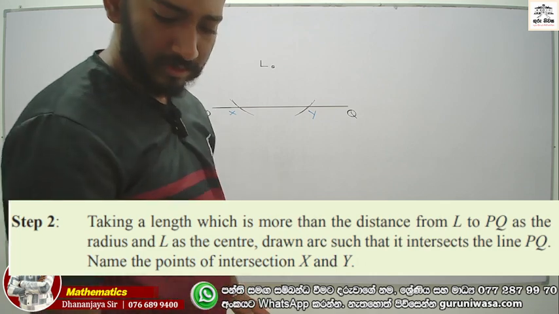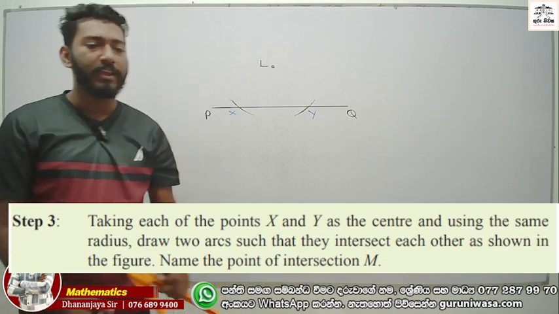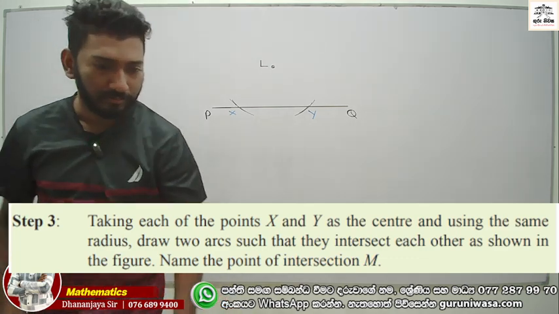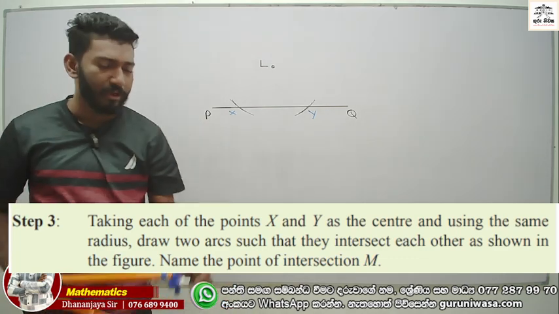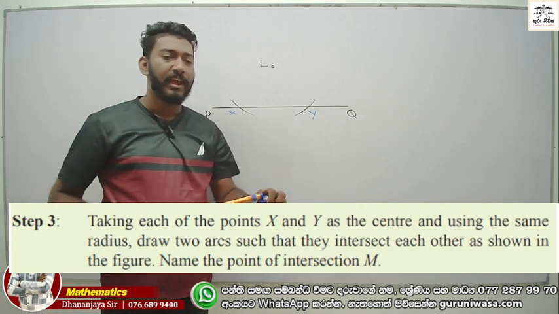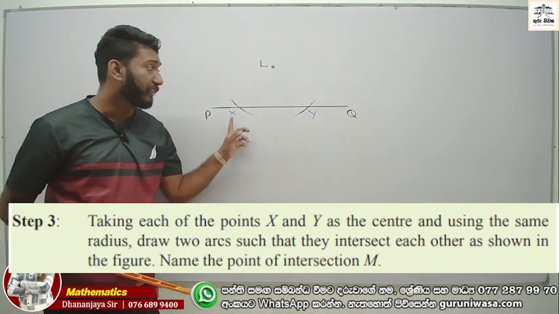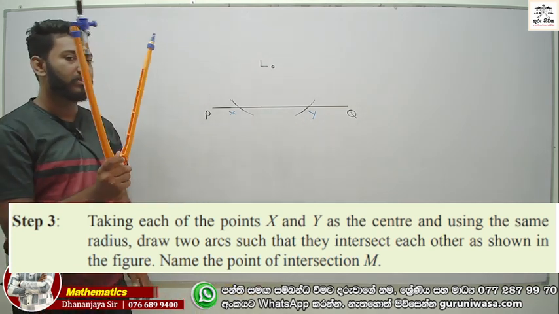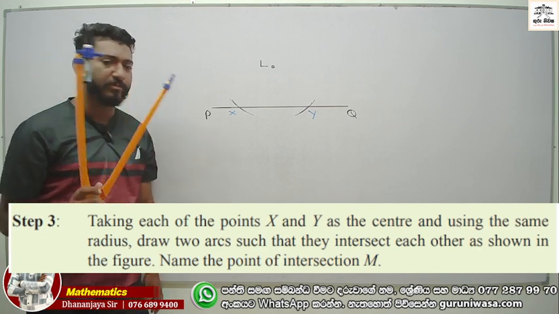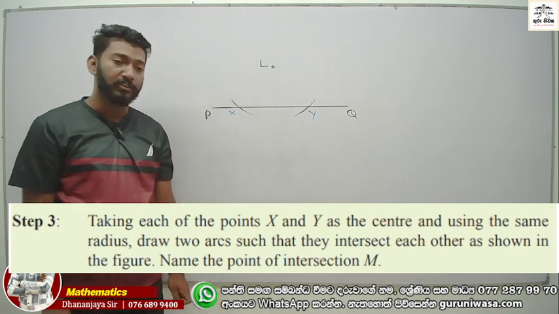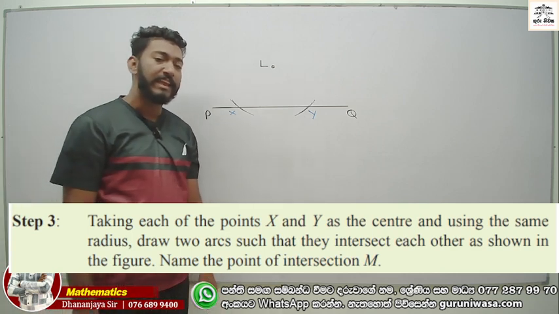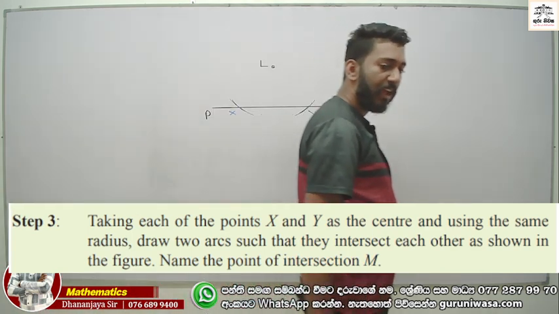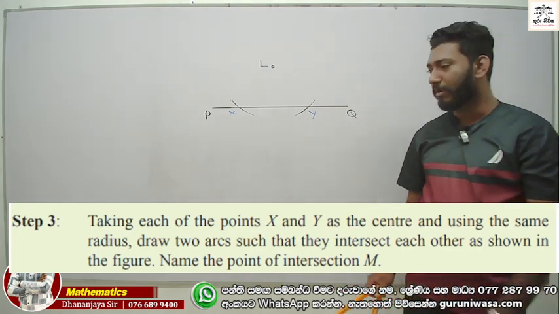Okay. Now next one. Taking each of the points X and Y as a center, and using the same radius. Now don't change this, use the same radius. Draw two arcs such that they intersect each other as shown in the figure.